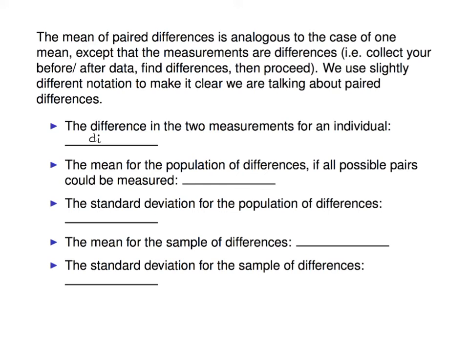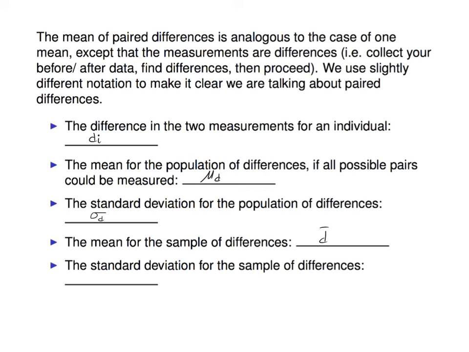The mean for the population of differences, if all possible pairs could be measured, is mu sub d. This is the true value. The standard deviation of these differences is sigma sub d, also a true value. When you move on to your sample, you use the bar notation, just instead of x, it's d.